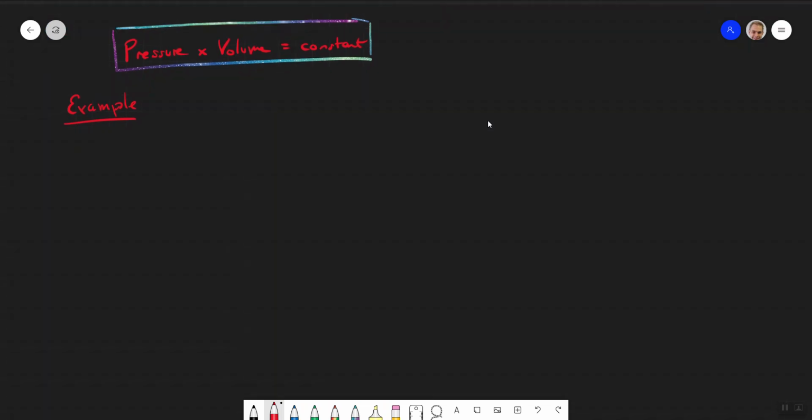So let's say we've got a gas with a volume of, let's say, 12.7 centimeters cubed, at a pressure of, let's say, 150,000 pascals.